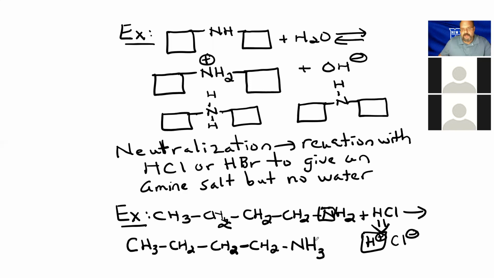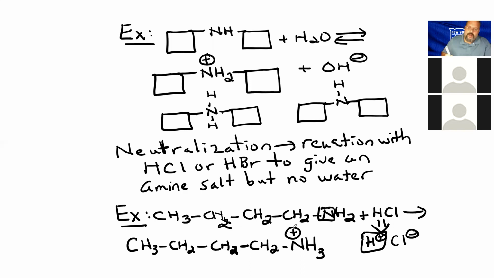How many bonds does it have total? It has 4. Hydrogen, hydrogen, hydrogen, 3 separate hydrogens, and the bond to this carbon right here. So that's 4 bonds total. And of course, when nitrogen has 4 bonds, what charge does it have? It has a positive charge.